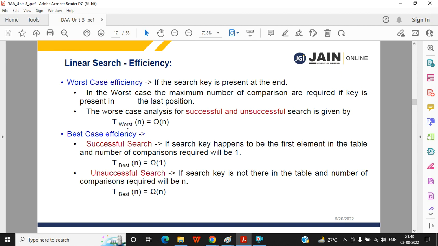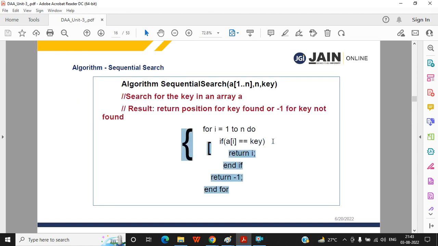Now, what is the worst case, and what is the best case? First we identify the best case. Suppose you are going to find an element in an array and you are lucky enough to find it in the first place. How many iterations or checks do you have to perform?